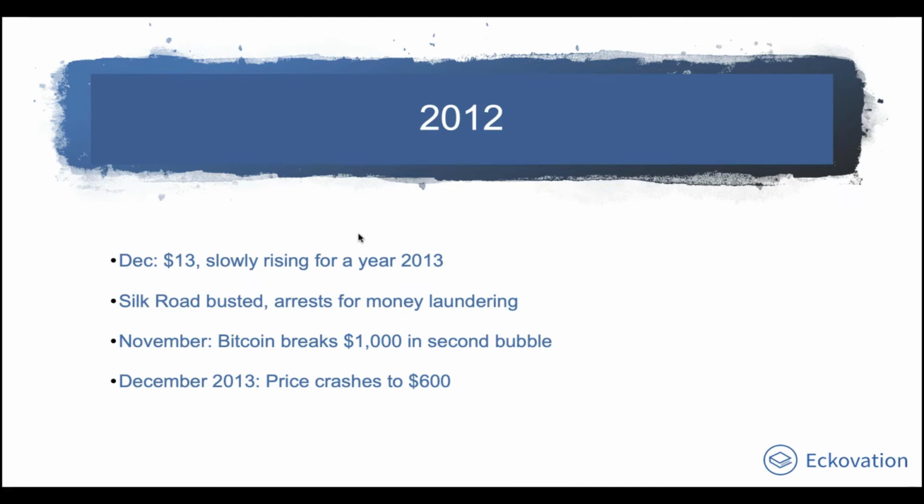Silk Road is a website which I don't recommend at all to visit, mainly used for illegal activities. Since Bitcoin is anonymous, you can use it for such transactions. In November, Bitcoin broke the record of $1,000, and in December it crashed to $600.